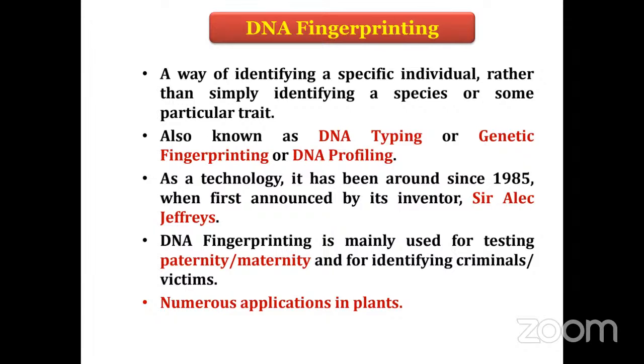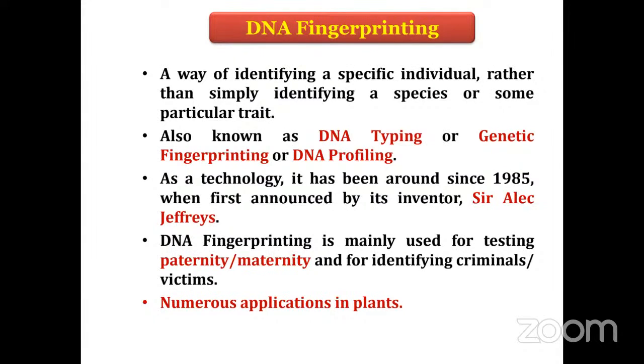You know your Aadhaar card. For your Aadhaar card you have to give your fingerprints, and only then will you be identified based on your fingerprint. Similarly, a cultivar can be identified by its DNA fingerprints, DNA profiles. Alec Jeffreys was the scientist who invented this DNA fingerprinting technology.